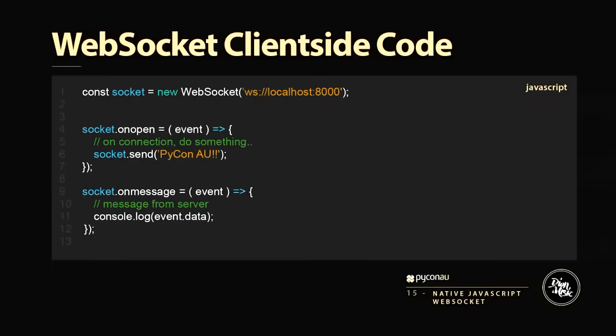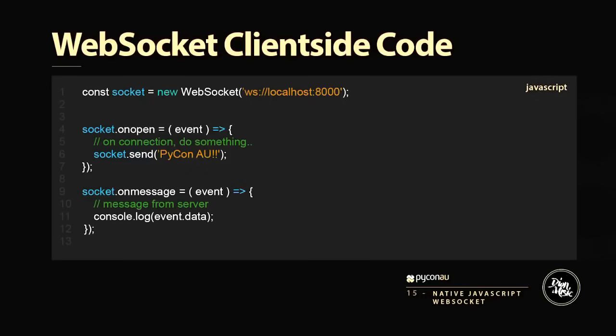So for this example, I'm going to be showing you the native WebSocket support, which is in JavaScript. And I'm going to show you a bit of code and work through how easy it is to create a client which can interface with a WebSocket server. So in this example, we start off with the initial socket connection, which is just a new WebSocket object. And again, I'm sorry for pushing JavaScript on you guys. I know you're not here for this. But you give this new WebSocket connection a WS route. So for this example, I'm connecting to my localhost.